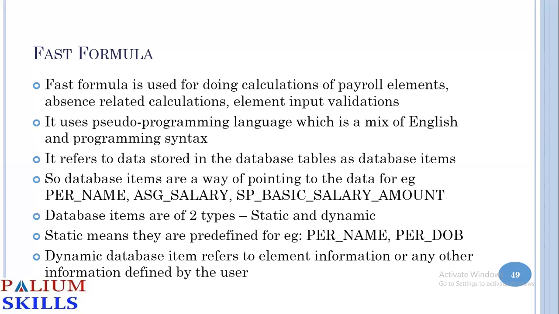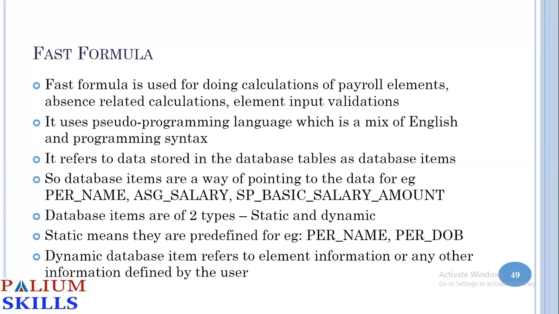I can call it SP basic amount, you can call it Sadik basic amount, right? So depending on the name of the element, depending on the name of the balance, depending on other variables in the system, the name of the database item will be generated. Those are known as dynamic database items.